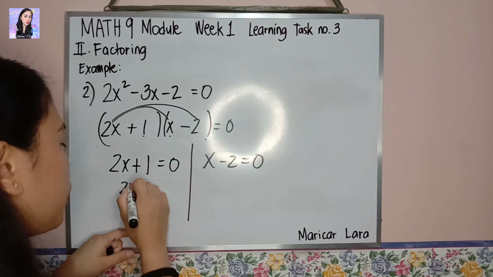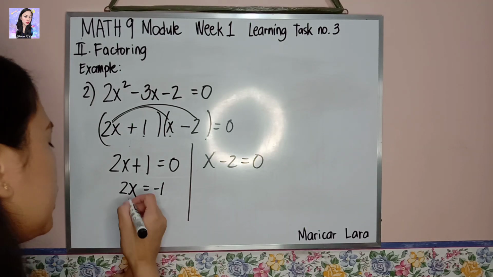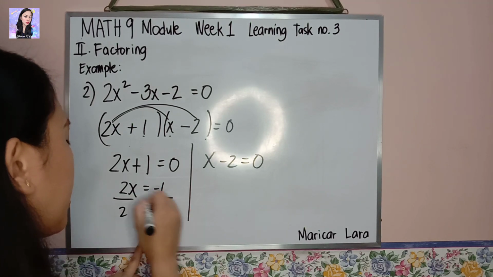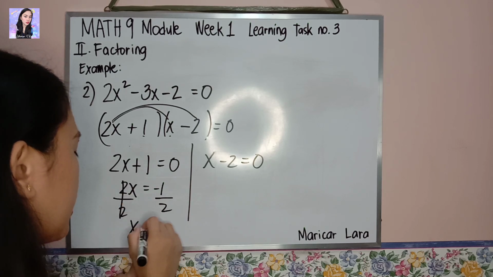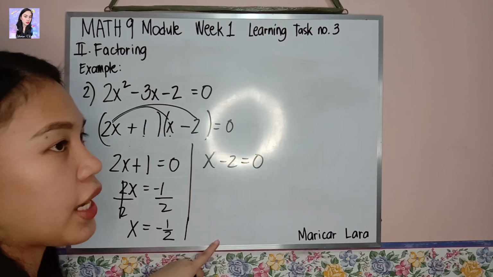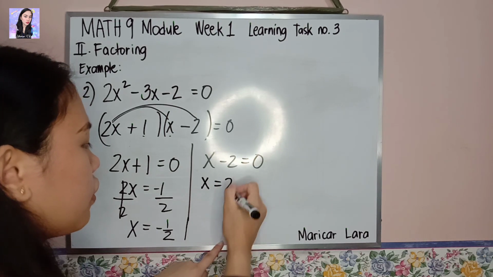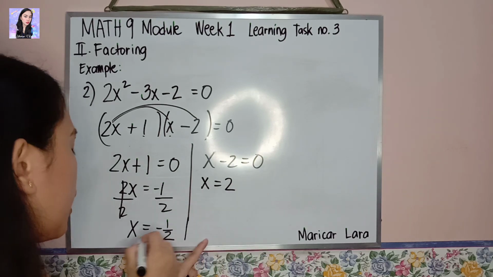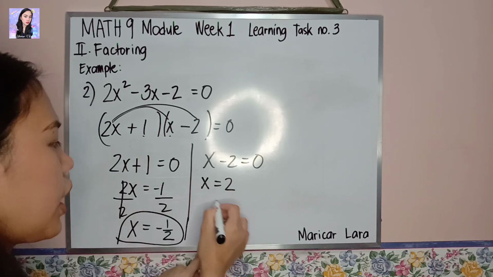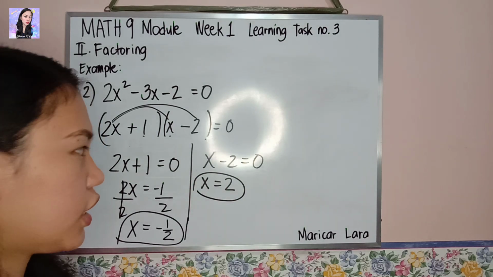So we will have here 2x equals negative 1 and then we will apply MPE or i-divide sila both sides sa 2 para ma-cancel yung 2 and then we will have x equals negative 1 half. Then here, we will just apply APE. So, x equals positive 2. So, our answers are x equals negative 1 half and x equals 2. Yun lang po ang factoring.